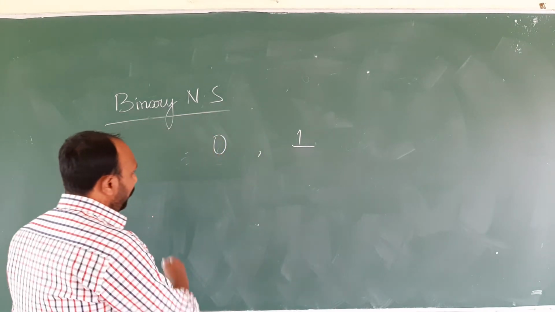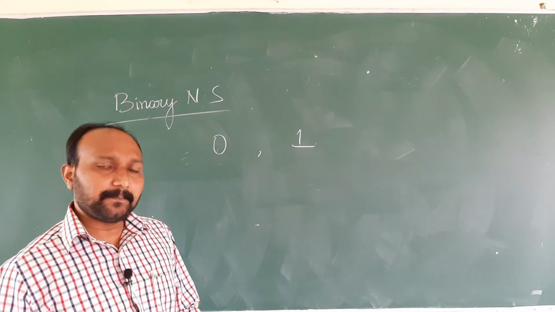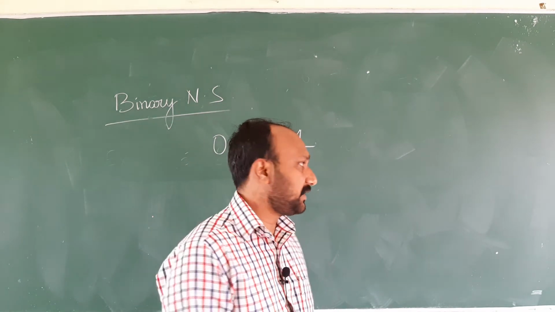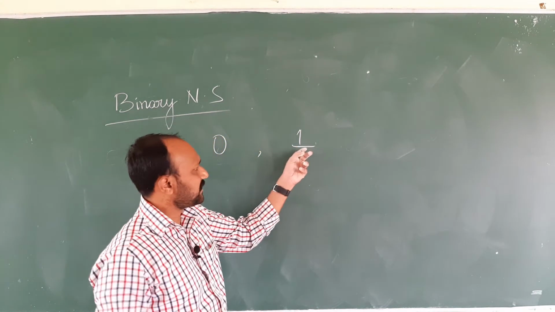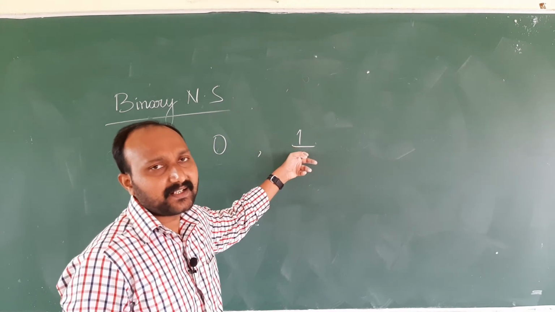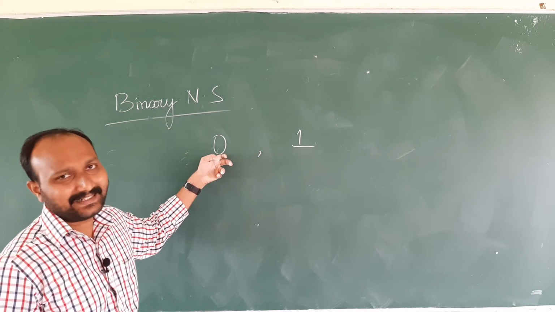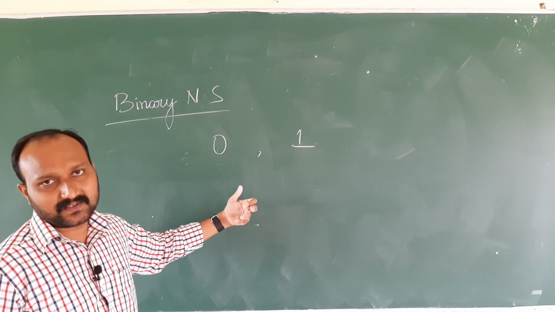Among these two bits, which particular bit is having the highest value and which the least value? Just by noticing them, we can say that the bit 1 is having the highest value. Here 1 means true and 0 is carrying the least value and 0 means false.